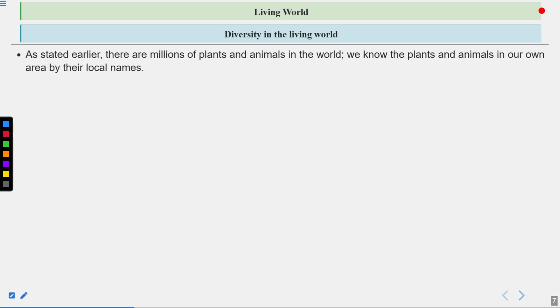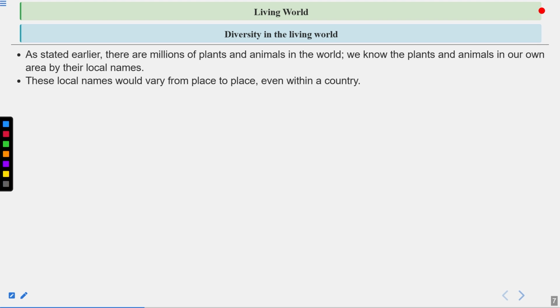Now, as I stated earlier, there are millions of plants and animals in the world, and we know the plants and animals in our own area by their local names. These local names vary from place to place, even within a country.